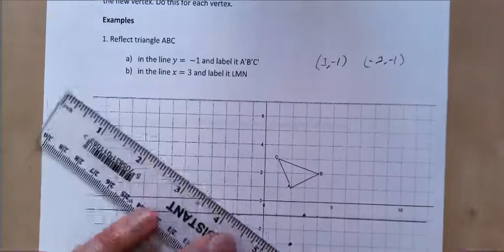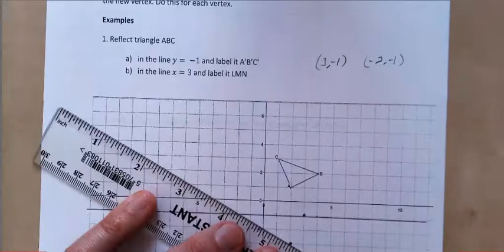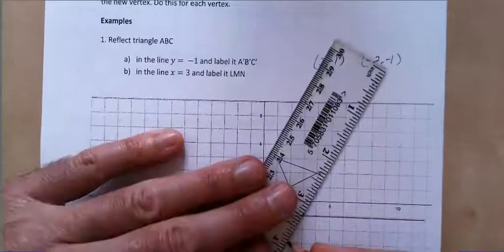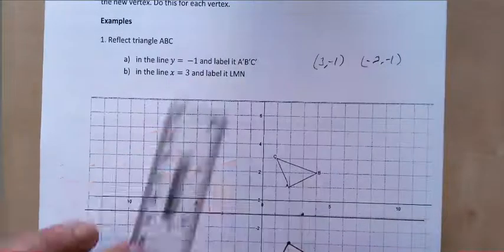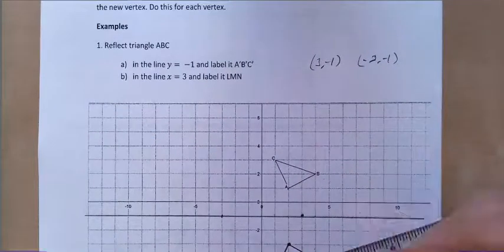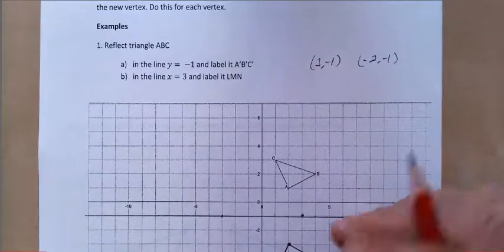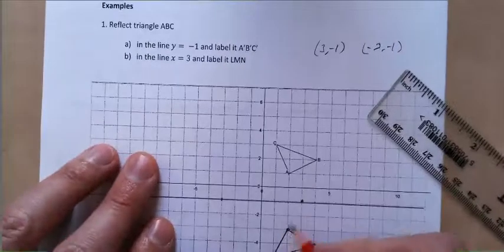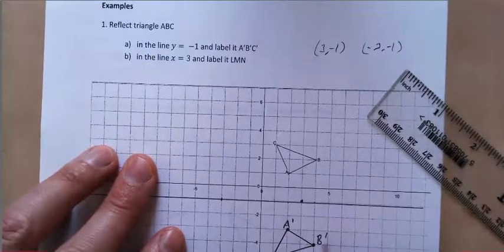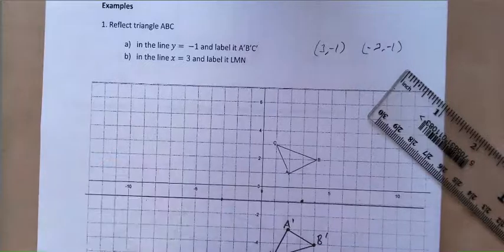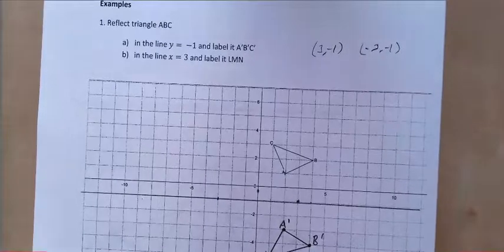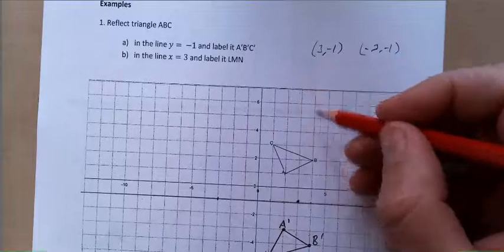We have to label this one A dash, B dash, C dash, and make sure we get them the right way around. So here is our equivalent of A, so that's going to be A dash, then B dash, and C dash.